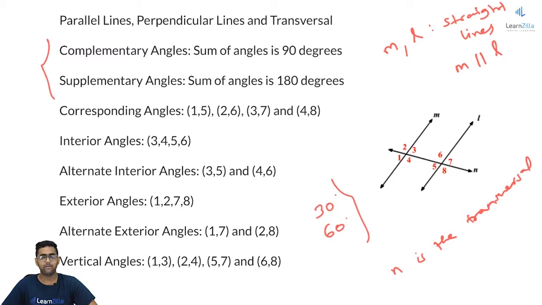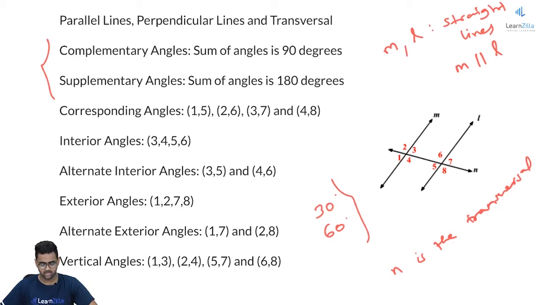Supplementary angles are angles whose sum adds up to 180 degrees. Here in this figure, you see lines M and L and angles 1, 2, 3, 4, 5, 6, 7, 8. All these angles add up to 180 degrees because they are part of a straight line, so you can call all of them supplementary angles.